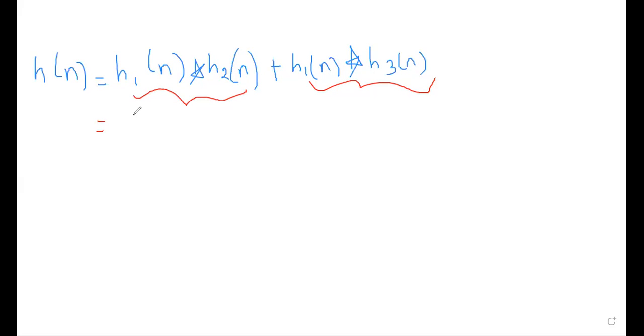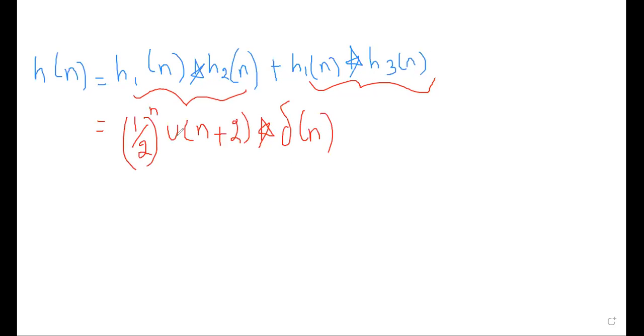h1 of n from the question is (1/2) to the power n into u of n plus 2, which should be convolved with h2 of n. h2 of n is delta of n. So this is my first term. Similarly, can I write my second term?